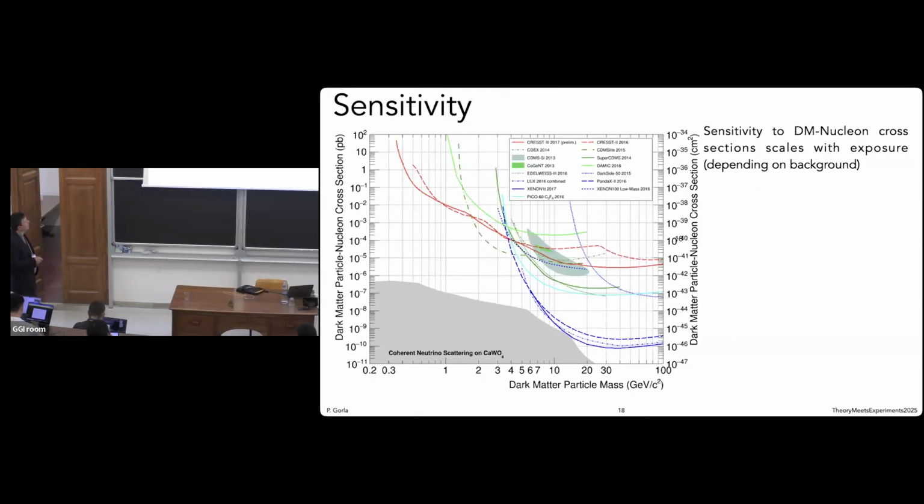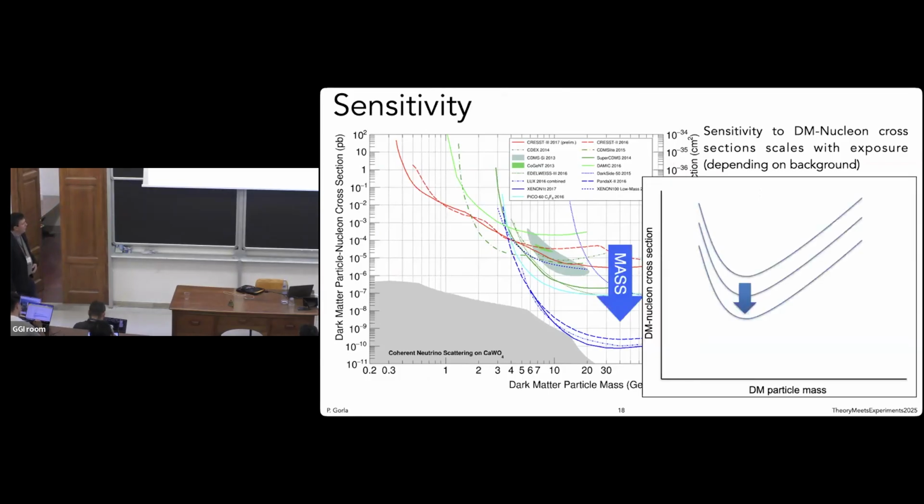This is one of the exclusion plots, probably not the most up to date in terms of results, but basically this is just to say that the sensitivity to dark matter nuclear interaction scales with exposure depending on your background level. So in the high dark matter particle mass region, 10 GeV and above, you are mostly dominated by exposure, so how big your detector is, how many nuclei you have inside your detector, and by the level of background inside your detector.